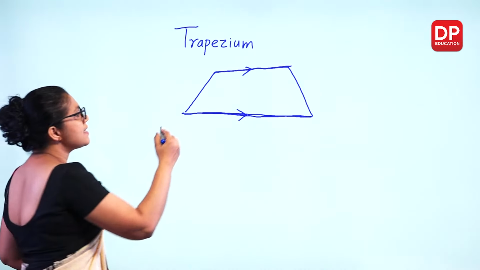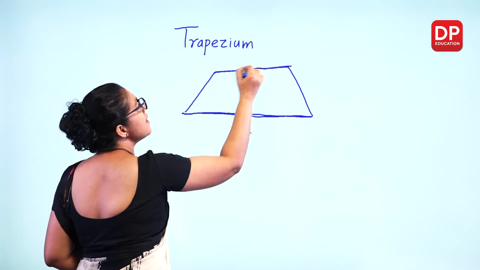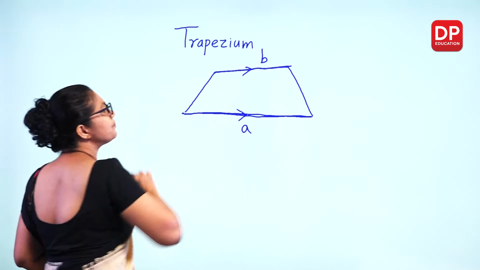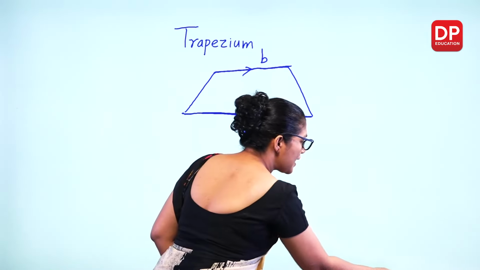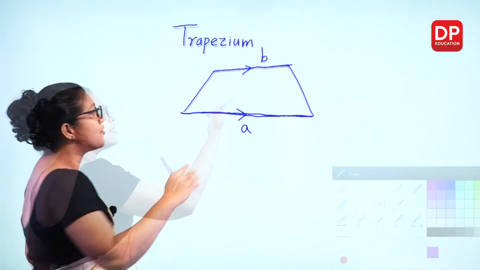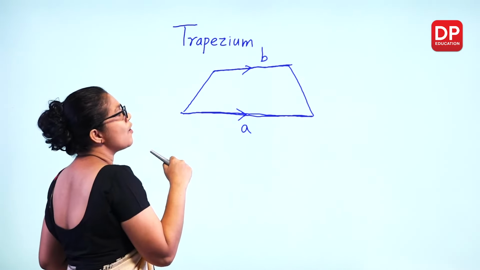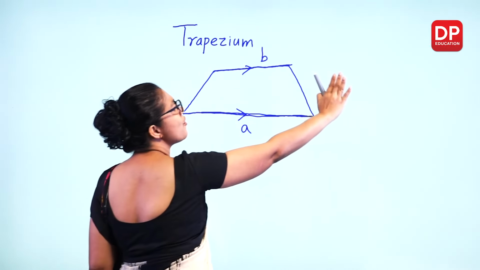So for that, I'll take this length as A and this length as B. What I can do is take the same trapezium and draw it here upside down. So I'm taking this one, turning it the other way around, and drawing it here.